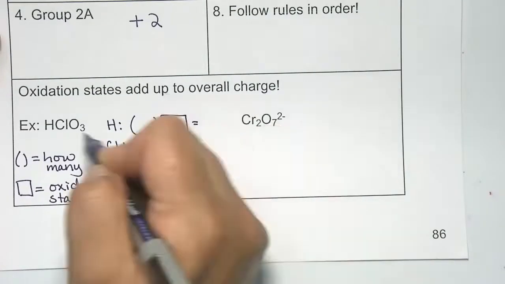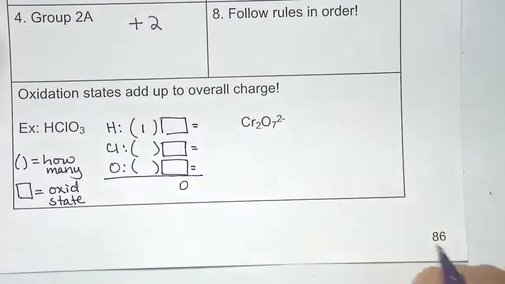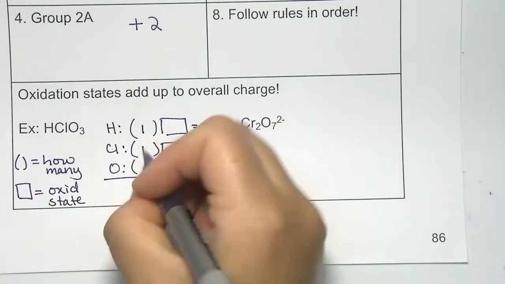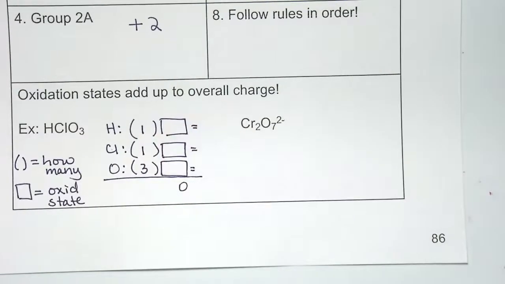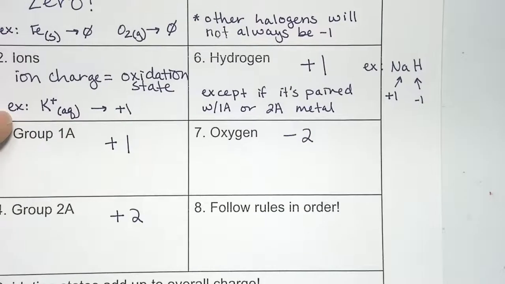Okay, how many H's do I have? How many H atoms? 1. Okay, let's go in order again. It's more organized. How many chlorines do I have? How many oxygens do I have? Okay, excellent. Which one of these has its rules show up first in the order?